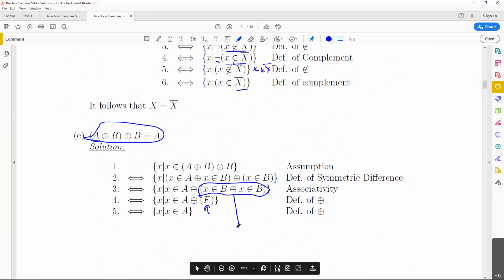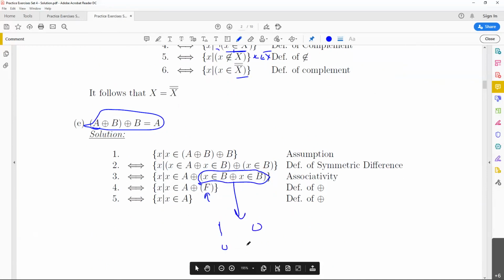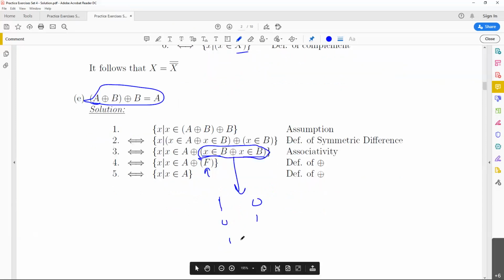Because what is this saying? This is only going to be true if the first is true and the second is false, or the other way around. But both statements are the same. X is in B, X is in B. It's either going to be this or this.